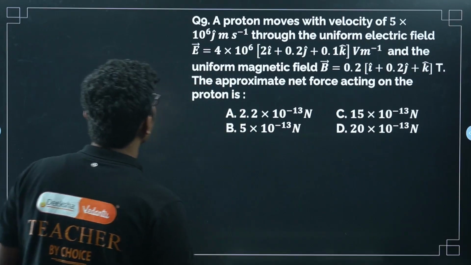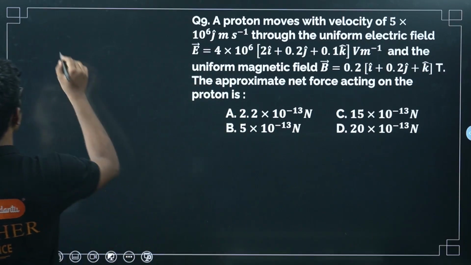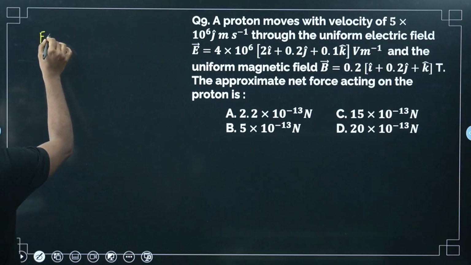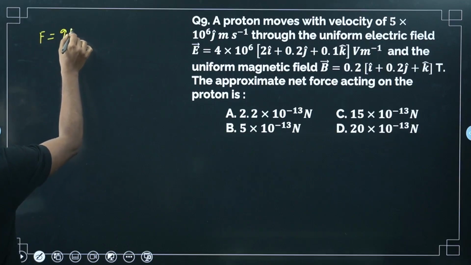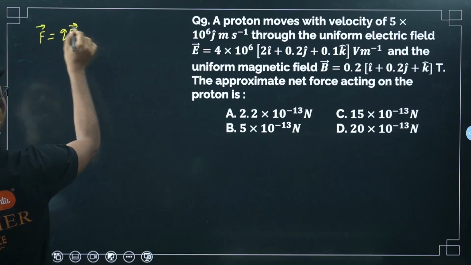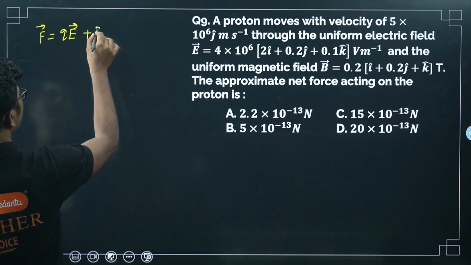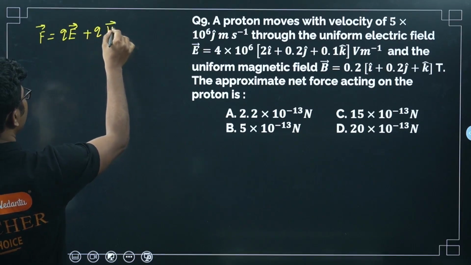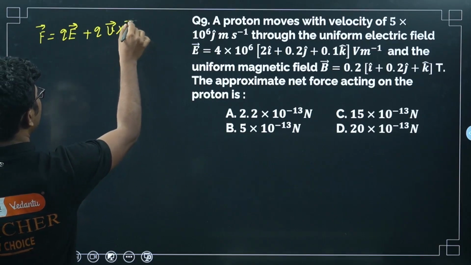So first of all, what is the formula of the force acting on a charge? So force acting on a charge is Q times E, plus Q times V cross B, right? This is the Lorentz force.